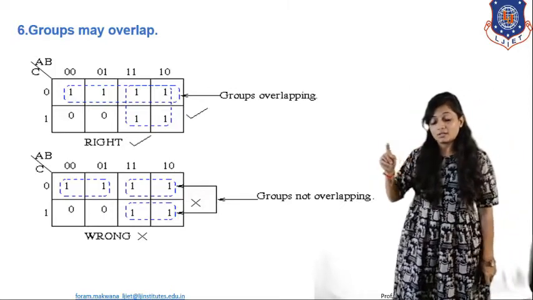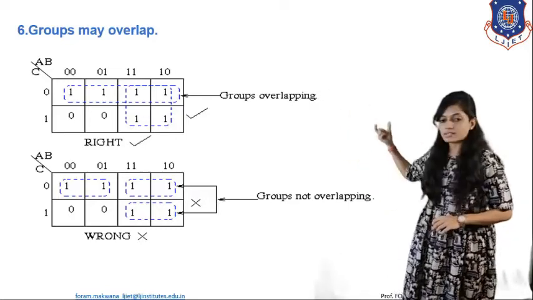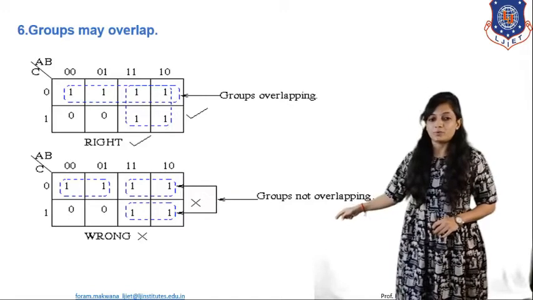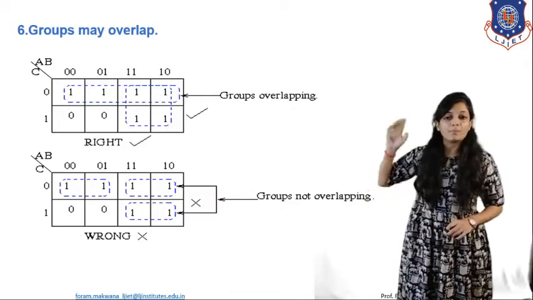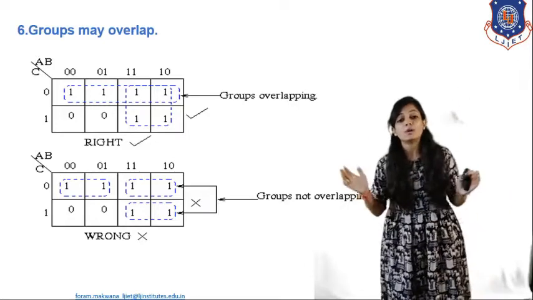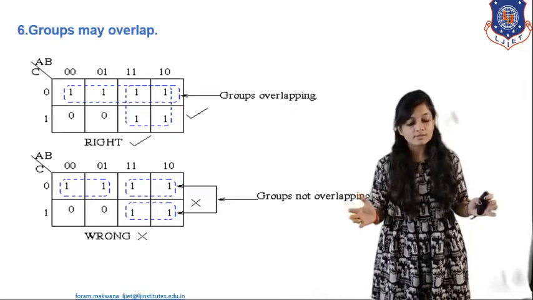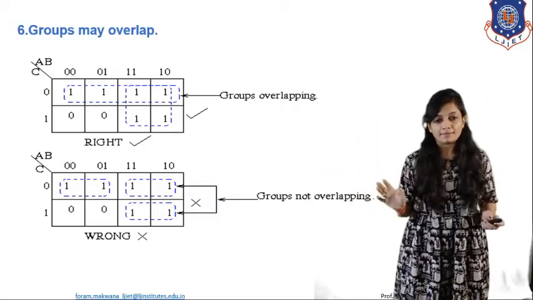We can't make groups by separating them into 2 ones, 2 ones and 2 ones, as in the second K map. This is the wrong one, because the groups are not overlapping and we haven't included more ones. So the method is to include more ones, and it is fine that groups overlap. Alright.